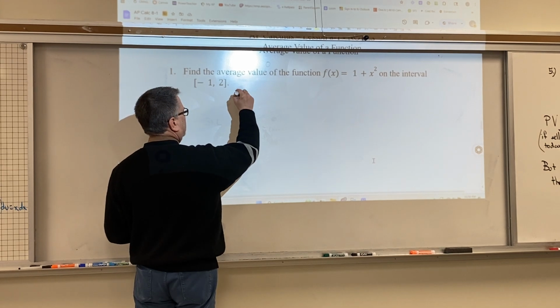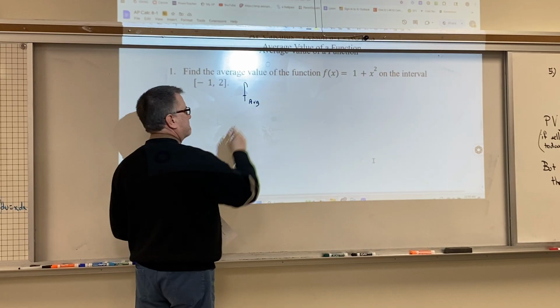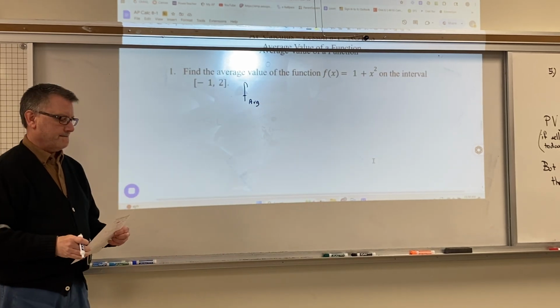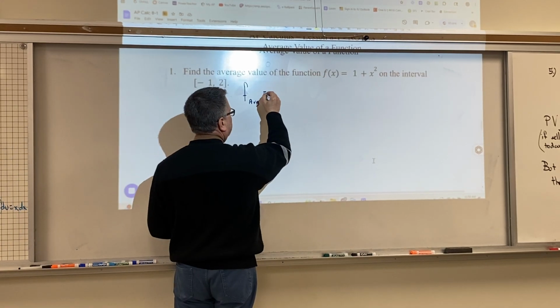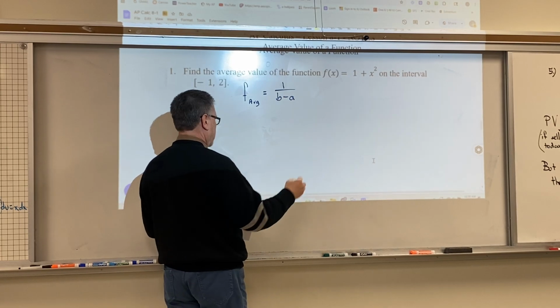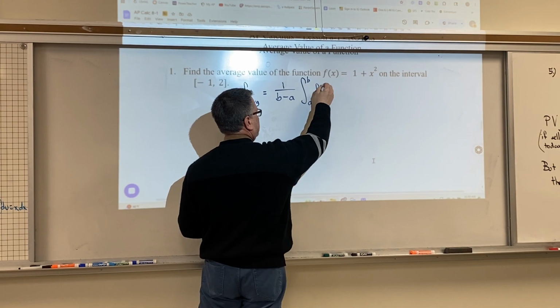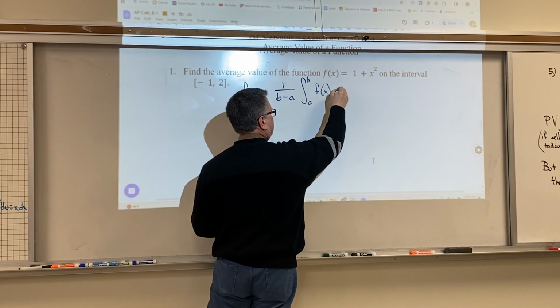I want to find f average. That's going to be 1 over b minus a, the integral from a to b of f of x in terms of x.